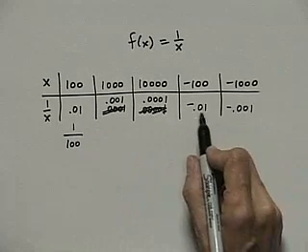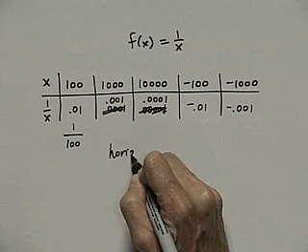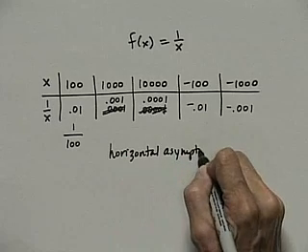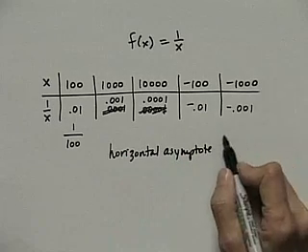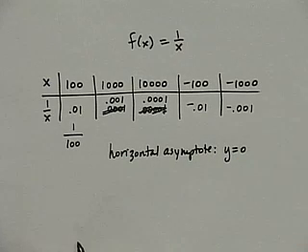As x gets very small, the function approaches 0. We say there is a horizontal asymptote at the line y equals 0.